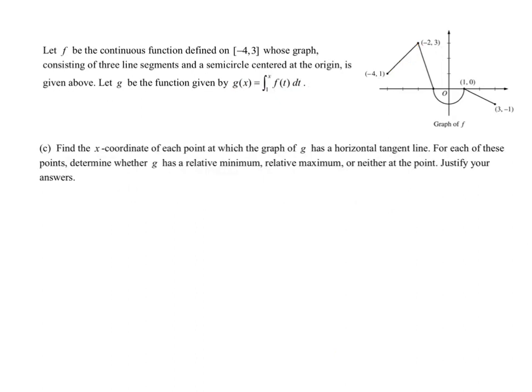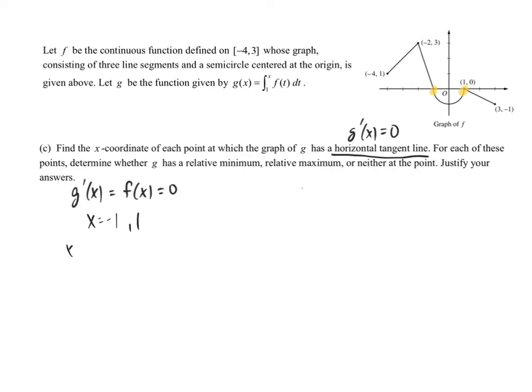In part C, we're going to try to find the x-coordinate of each point at which the graph of g has a horizontal tangent line, and then we're going to classify each of those points as either a maximum, minimum, or neither. Remember that a horizontal tangent line comes whenever the derivative of a function is equal to 0. In this case, we're looking for where g prime of x, which is equal to f of x, is equal to 0. A quick look at the graph shows that this happens in two different places, at x equals -1 and x equals +1.